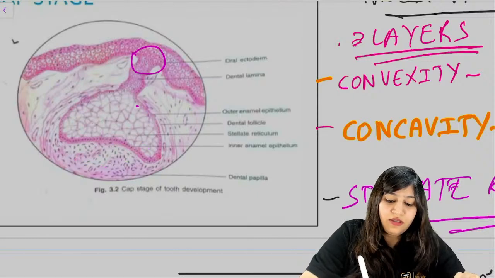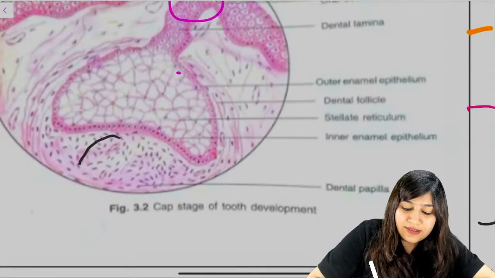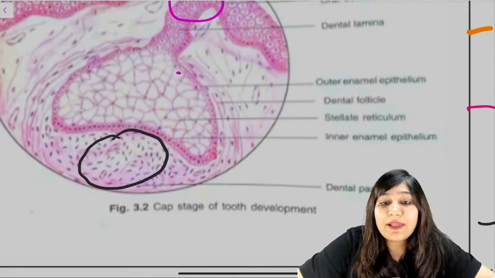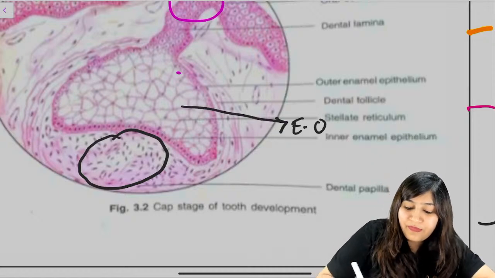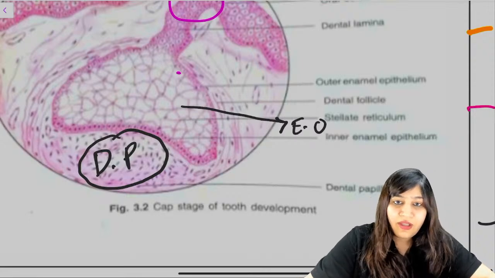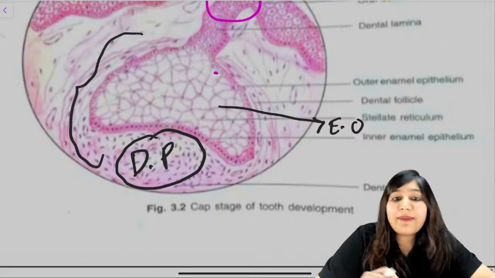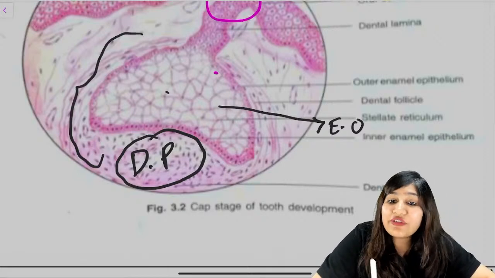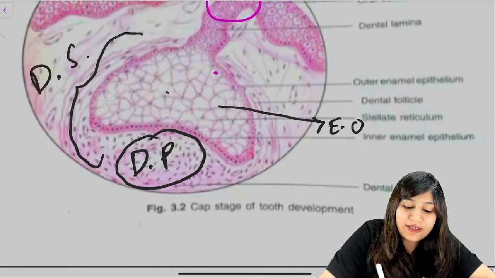Right? In this diagram, this condensation of ectomesenchymal cells just adjacent to the enamel organ, this is our enamel organ, so this will be our dental papilla. And condensation of ectomesenchymal cells surrounding both enamel organ as well as dental papilla is our dental sac or dental follicle.